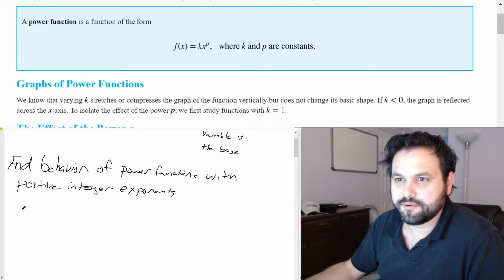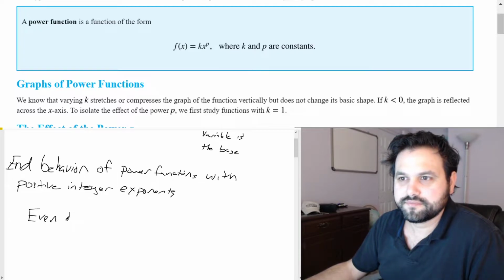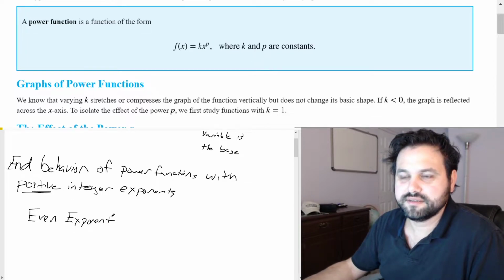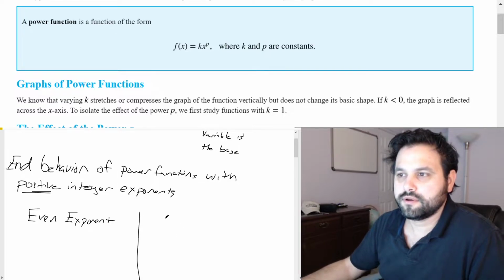We're going to be talking about when the exponent is an even number, and remember we're talking about positive values here, and we'll be talking about odd exponents.